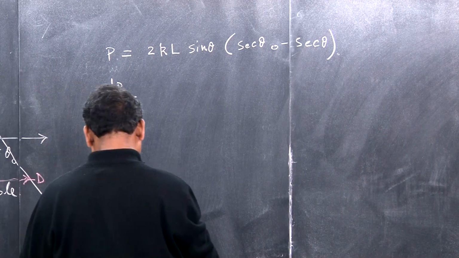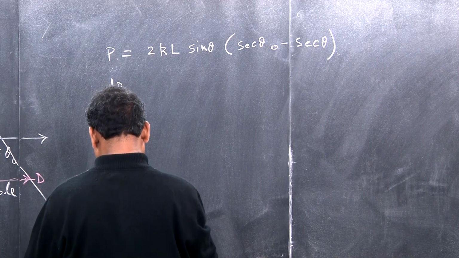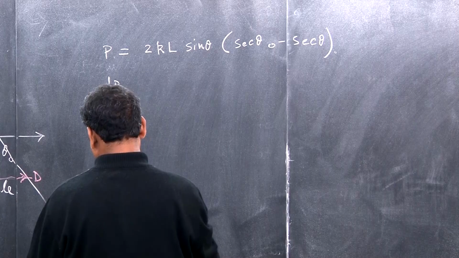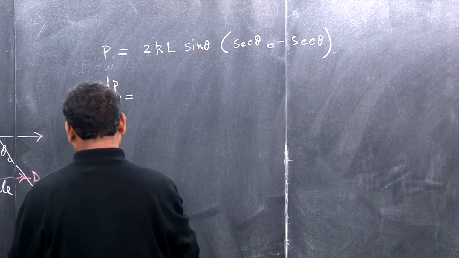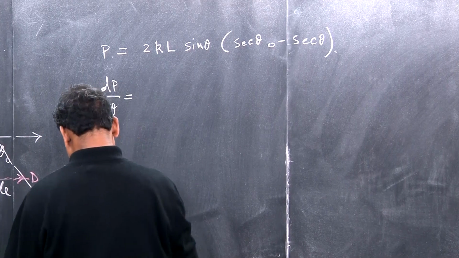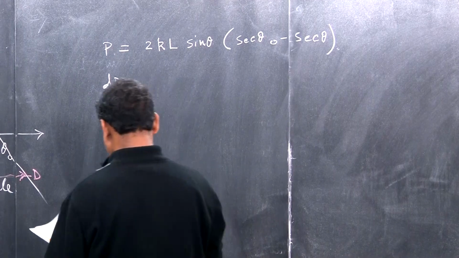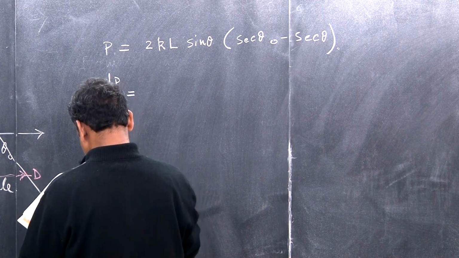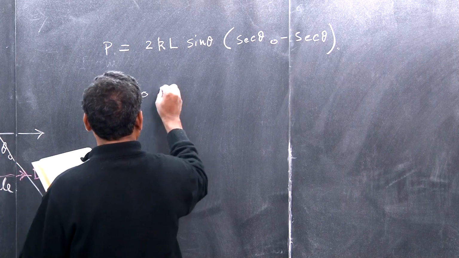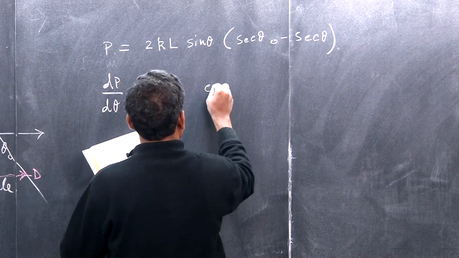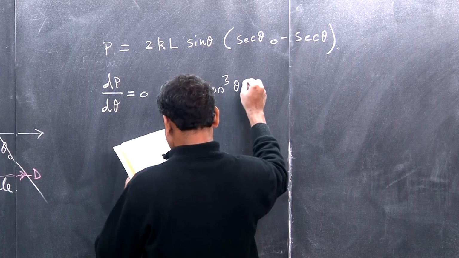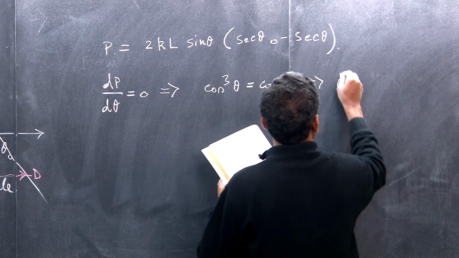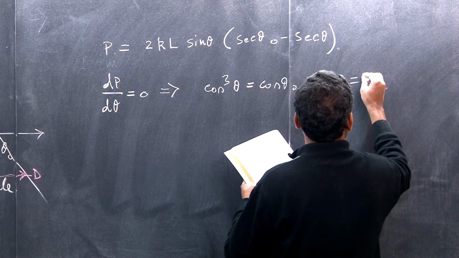Setting dP d theta to 0 was giving you the equation that cos cube theta must be equal to cos theta 0, or sec theta. So from there, by solving, you are getting theta equal to theta c.